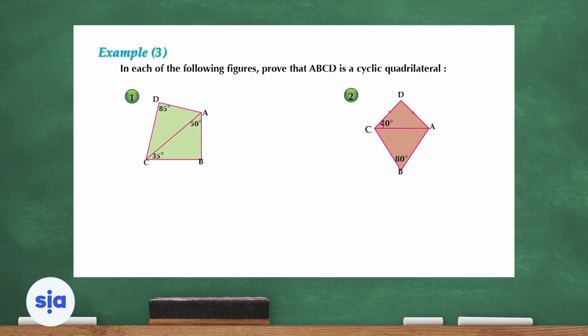Let's see example 3. In each of the following figures, we need to prove that ABCD is a cyclic quadrilateral. Let's go to question 1.